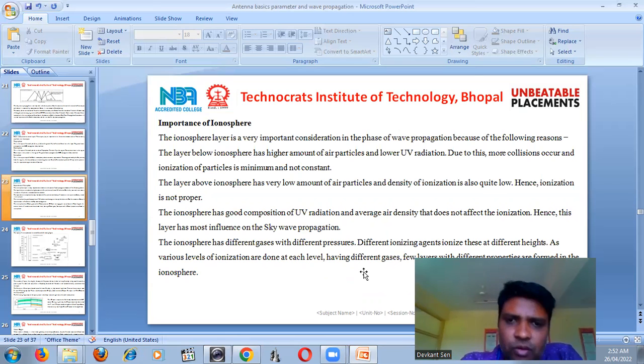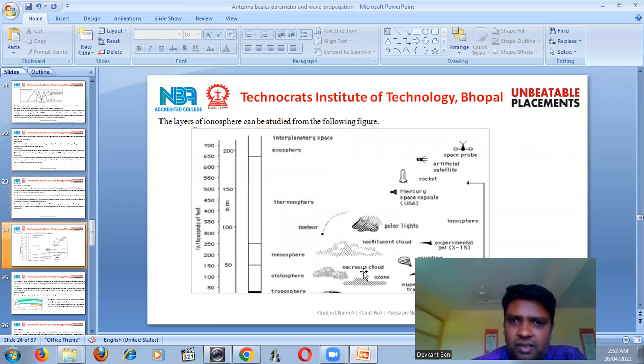Hence, ionization is not proper. Look at this flow chart, where the layers of the ionosphere can be established from the following figures. Look at this distance from the earth: troposphere, stratosphere, mesosphere.